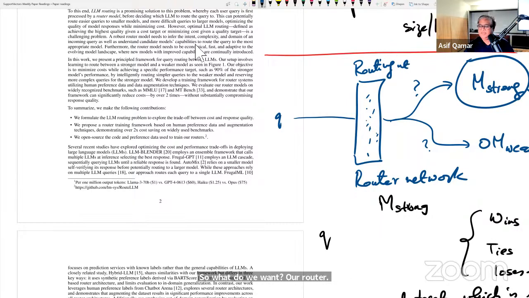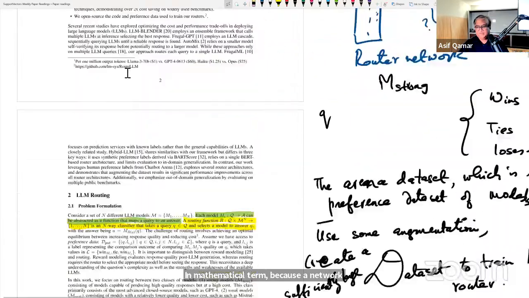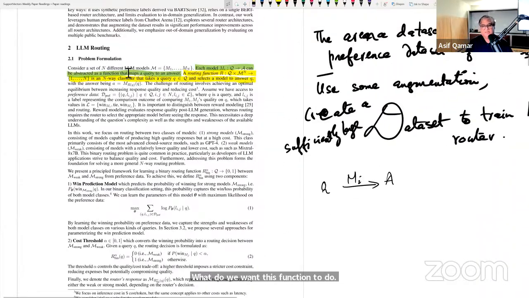What do we want this routing function to do?